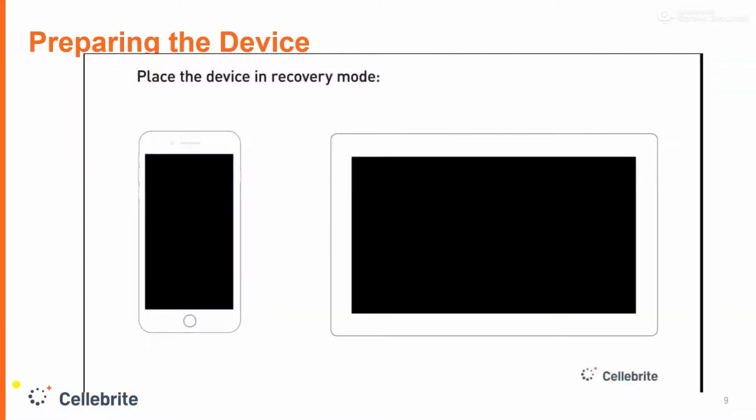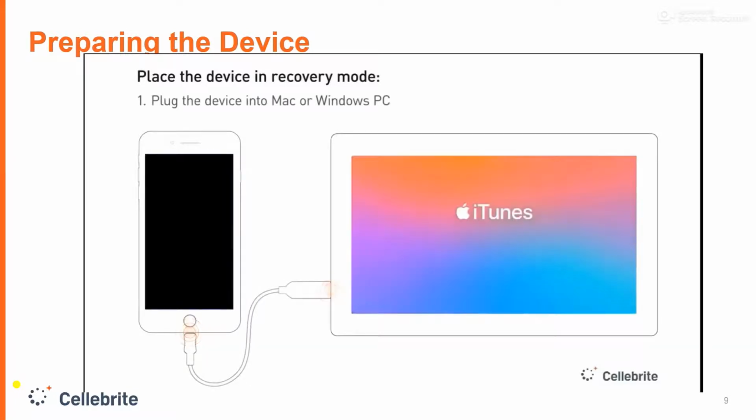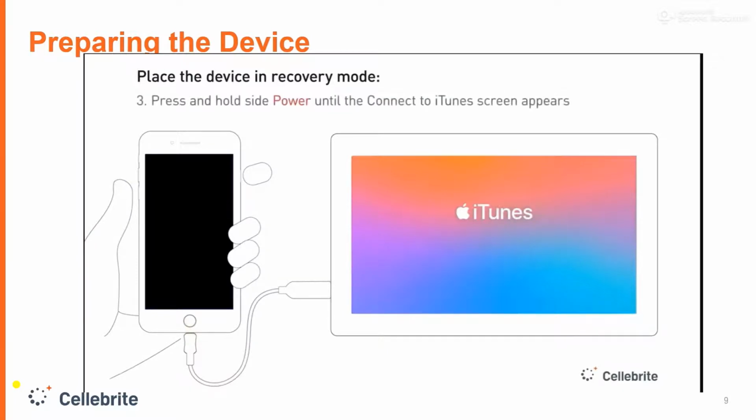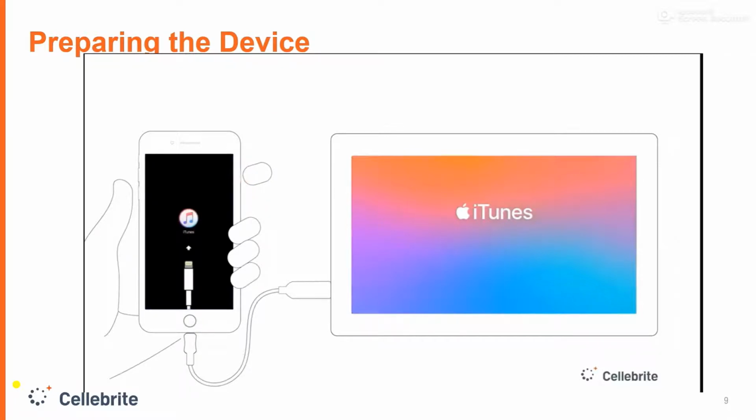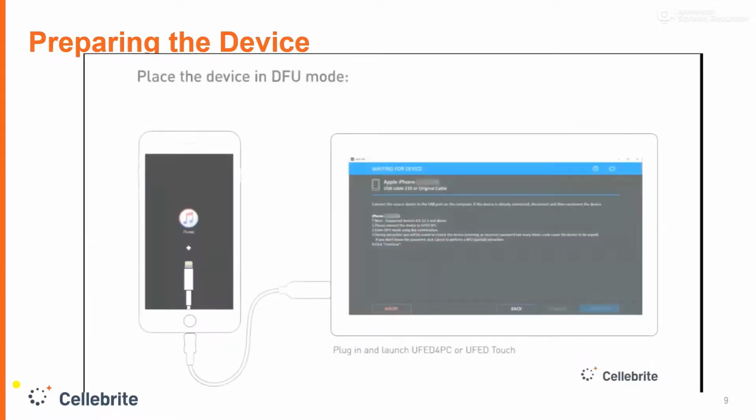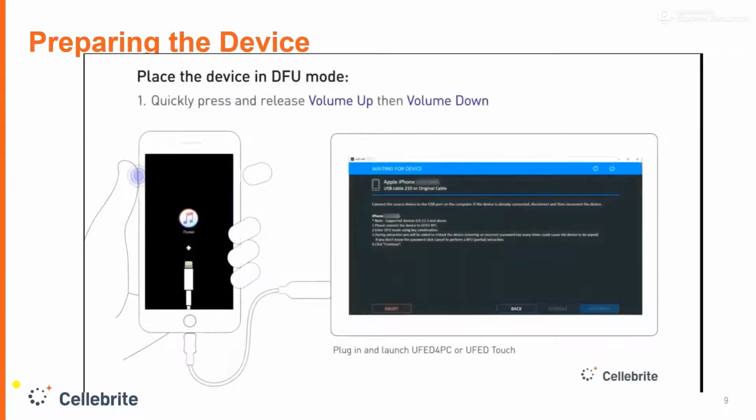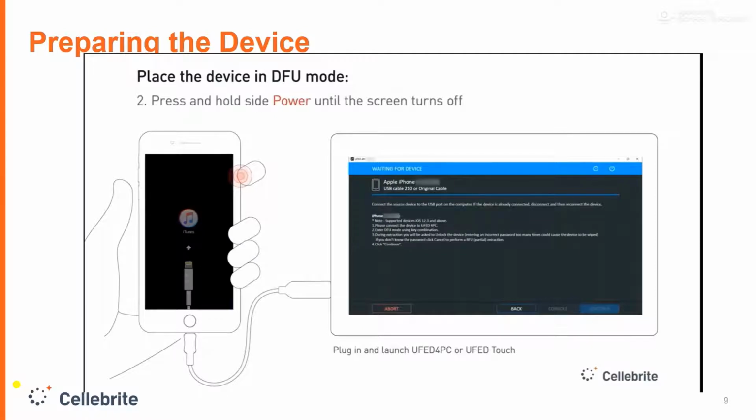You may need to first place your device into recovery mode. With the phone powered off, plug the device into your forensic workstation and launch iTunes. Next, you need to quickly press and release the volume up, then the volume down button, then press and hold the side button until you see the recovery mode screen. You have successfully entered recovery mode. To successfully enter DFU mode, you need to quick press the volume up button, followed by a quick press of the volume down button, and then press and hold the side button until the screen completely shuts off.